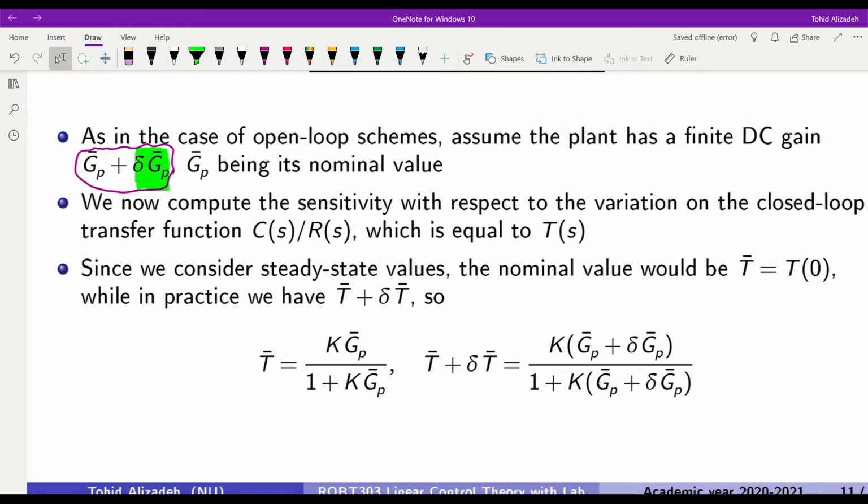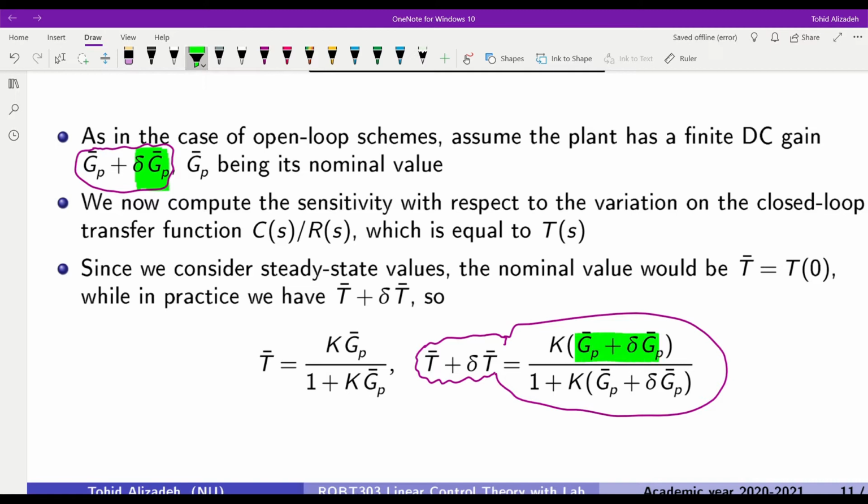So now if we find out T bar plus delta T bar, which is the actual DC gain of the system given the change that we had in the GP bar, it could be obtained as this. So GP bar is replaced with GP bar plus delta GP bar. And the DC gain for the controller remains as K. We assume that the changes have happened only to the plant, not to the controller.